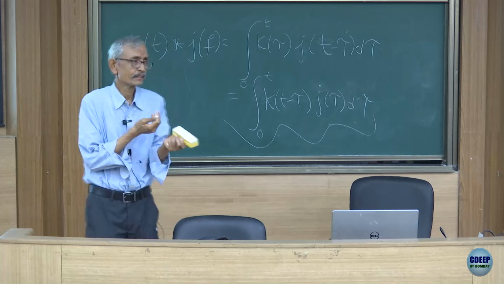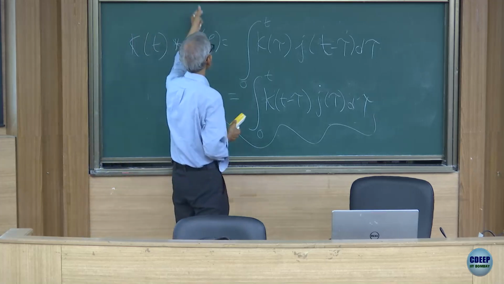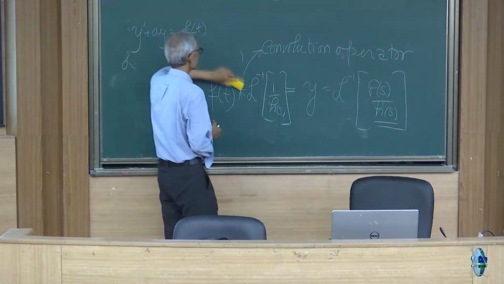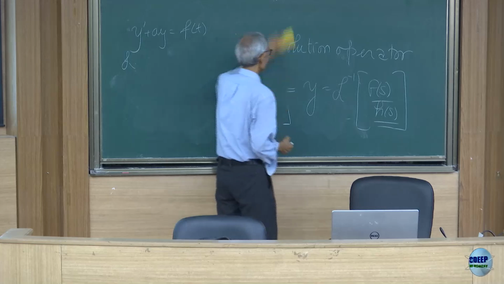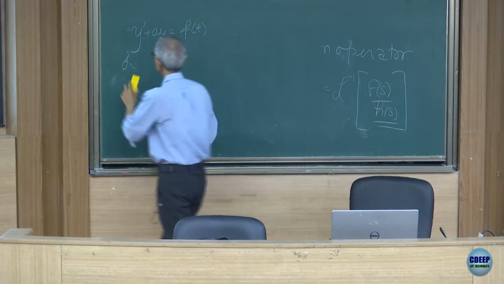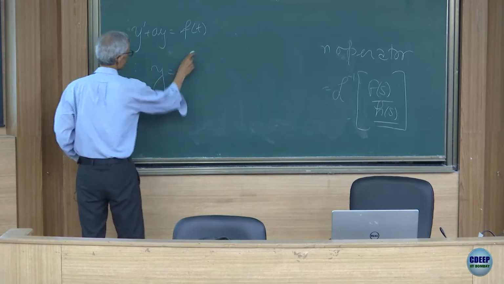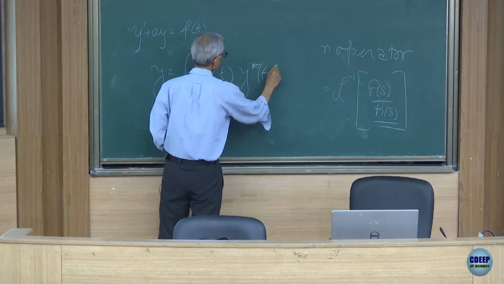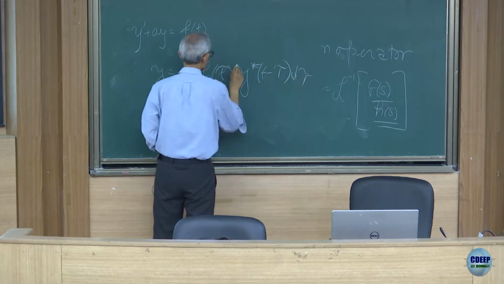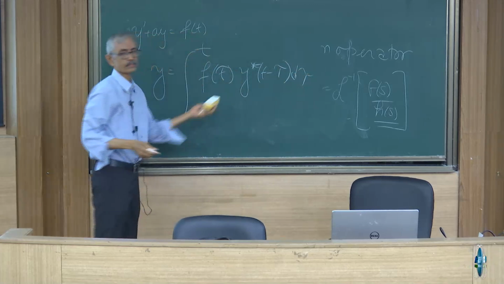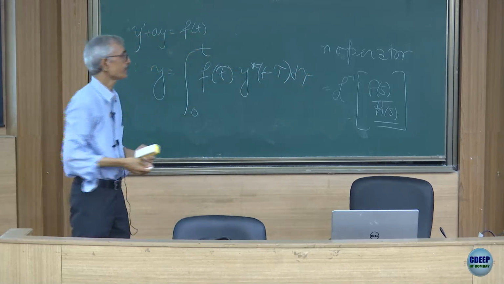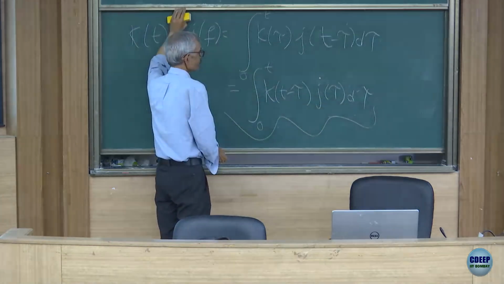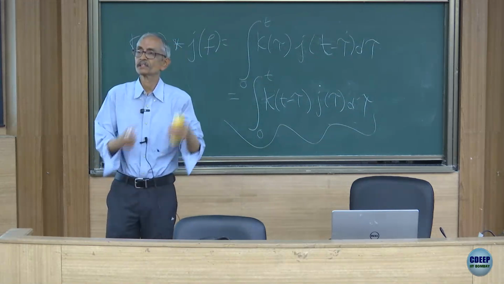The previous solution we said was, for this guy here, we did some amount of algebra, and then we said that the solution to this was equal to the integral from 0 to t of f of t times y star of t minus tau d tau. This was the solution then, and what you're seeing now is something very similar. So we didn't call it a convolution operation at that time.